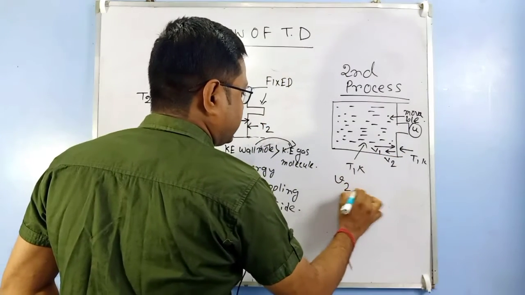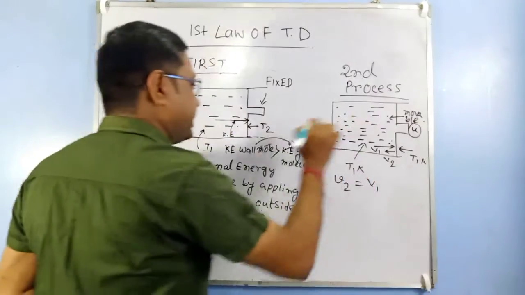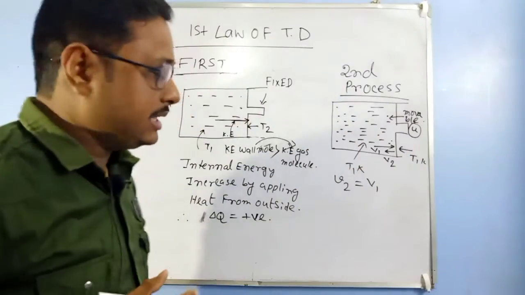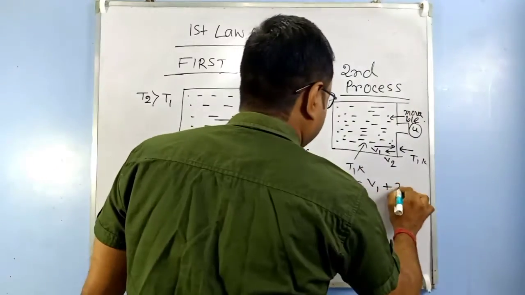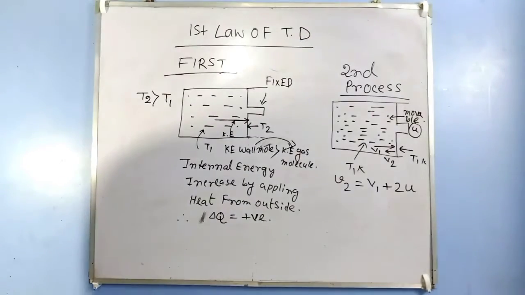Then their velocity is increased by the law of elastic collision. If we consider that the collision between the molecule and the piston is elastic, then v2 is equal to v1 plus twice the speed of the piston, that is v2 is equal to v1 plus 2u.